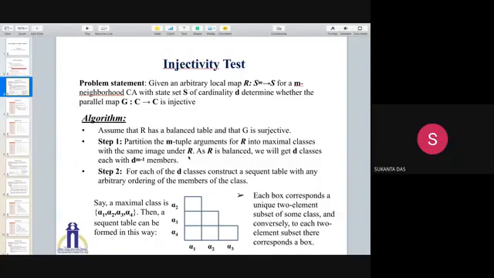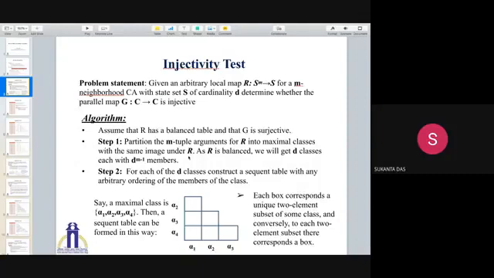So we have excluded the rules which are not balanced. You can test with an unbalanced rule too, and you'll see the algorithm says it's not injective. So here you can assume that R is balanced. In my example, I have considered an R which is balanced.